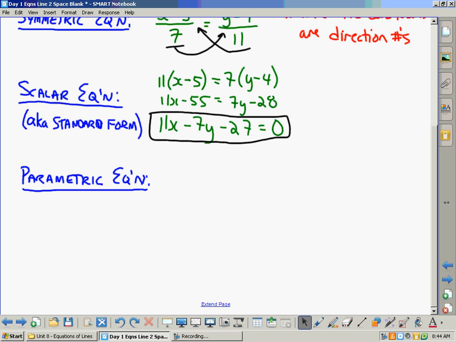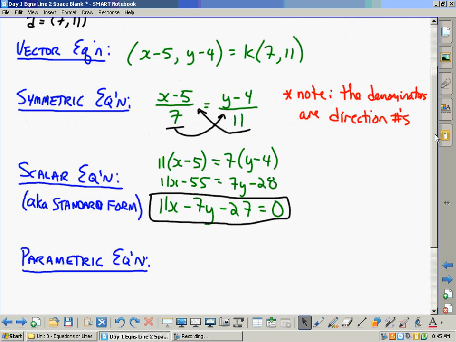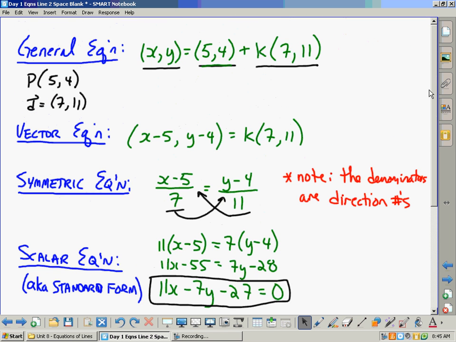So we've seen general equation, we've seen vector equation, we've seen symmetric equation, scalar equation, and the last one is parametric. Parametric actually doesn't come from the scalar or the symmetric, it comes all the way back from the general. So let's look at the general again. The general describes how every (x, y) is found by taking the given point plus some scalar multiple of the direction vector.